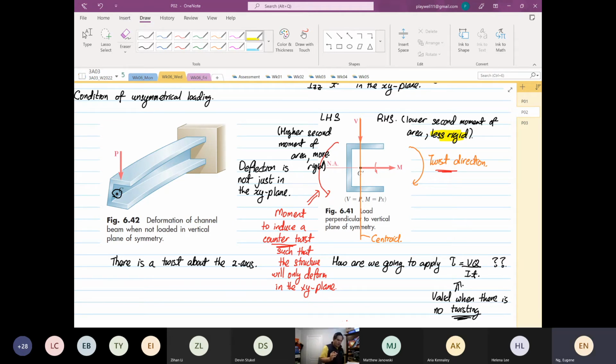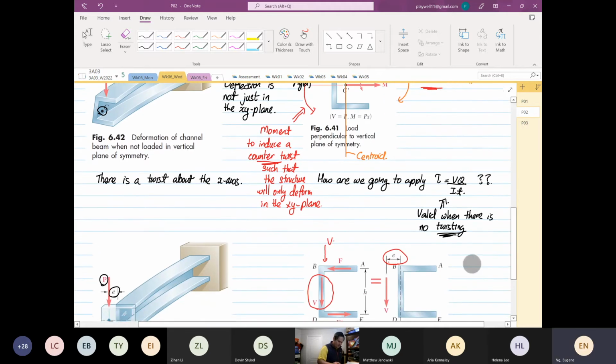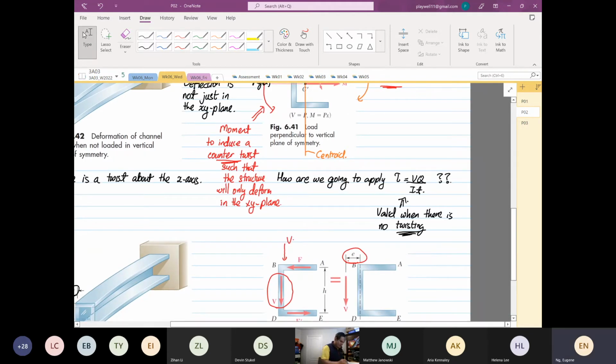What we're trying to do here, in terms of the structure analysis, is use the same equation, i.e. shear stress is equal to VQ divided by It. But this equation, or the shear flow, which is VQ over I, is only valid when there is what?